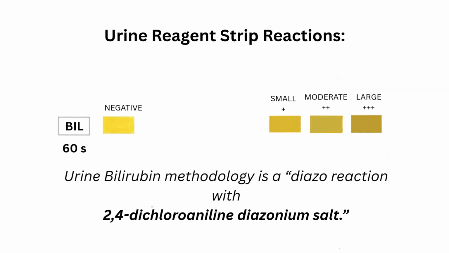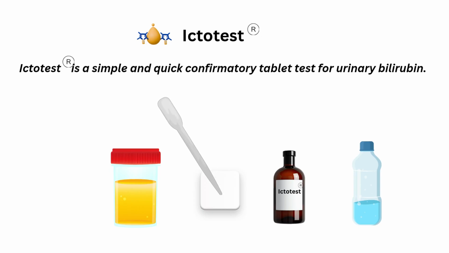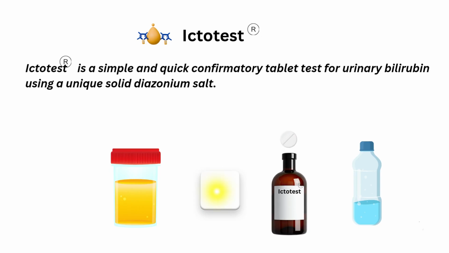The urine reagent strip urine bilirubin methodology is a diazo reaction with 2,4-dichloroaniline diazonium salt to produce an azo dye. Ictotest by Siemens is a simple and quick confirmatory tablet test for urinary bilirubin using a unique solid diazonium salt.